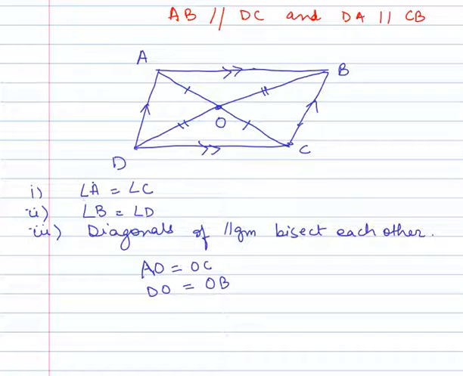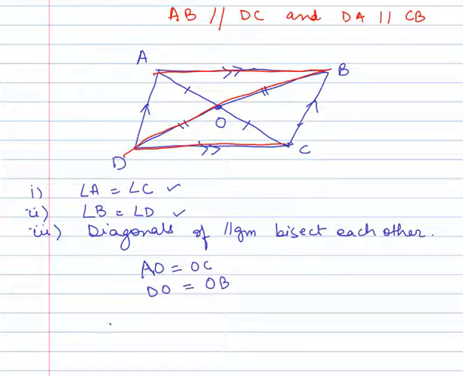Now we will study these properties. First of all, why is angle A equal to angle C and angle B equal to angle D? See, consider these two lines. These are parallel lines. AB and DC are parallel lines, whereas DB is the diagonal which is also a transversal for AB and DC.